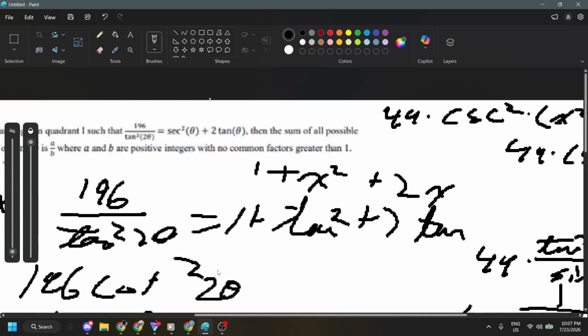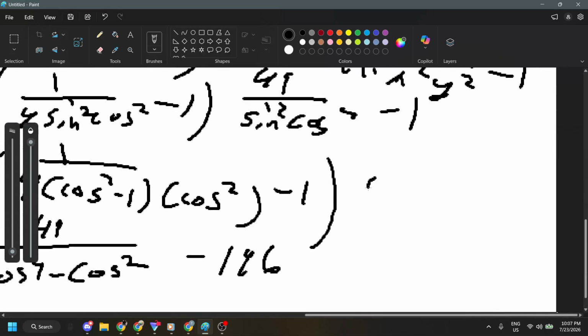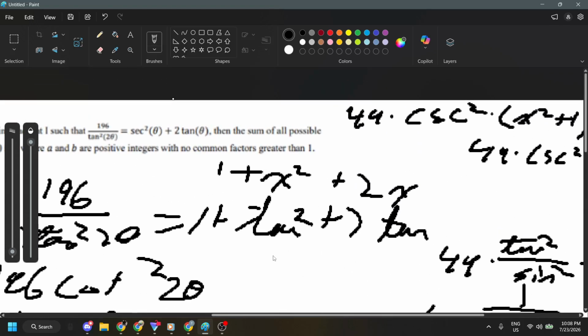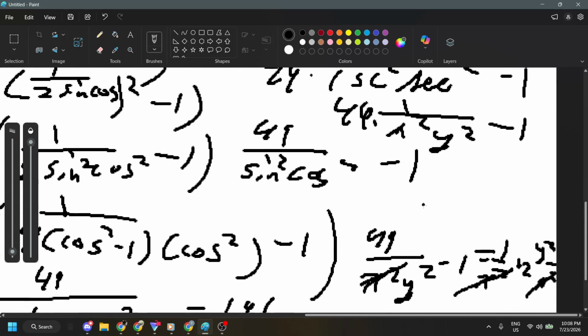That's equal to 49 over x squared y squared minus 1, which is equal to 1 over x squared plus 2y squared over x squared. So why don't we just multiply by x squared, eliminate x squared from everything. So now, just multiply by y squared.